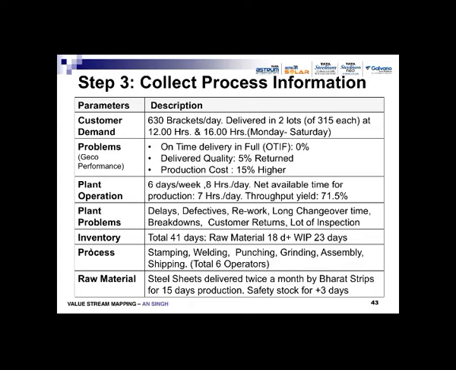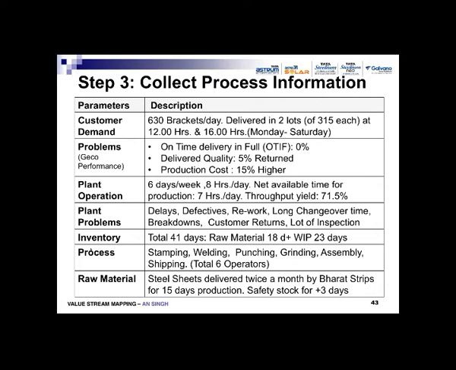Then delivered quality: 5% is being returned to the Global Engineering Company because of defects recognized during the use of the components, and production cost is 15% higher than the competitors. So these are the three main problems with the company.